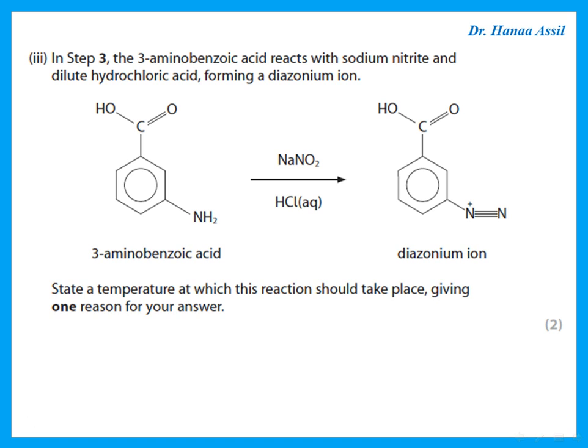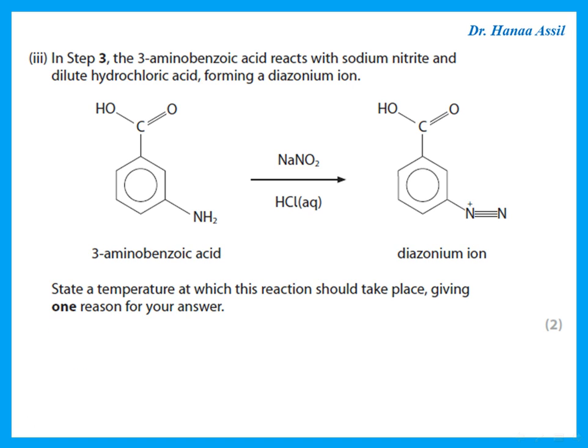In step 3, the 3-aminobenzoic acid reacts with sodium nitrite and dilute HCl, forming the diazonium ion. Now, state a temperature at which this reaction should take place, giving one reason for your answer. Remember, to form a diazonium ion, first of all, we react an amine with sodium nitrite and HCl.